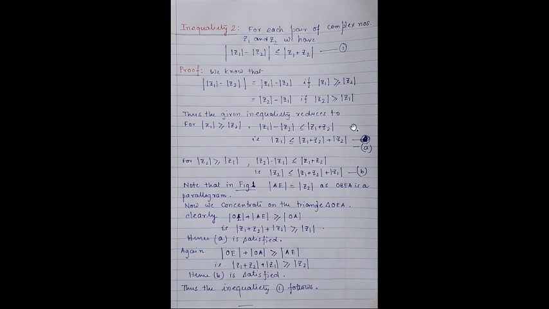Switch the side, and in this case it turns out to be mod Z2 is less than this plus Z1. Please remember them, and I'm going back to the picture once more. The three quantities we are dealing with are mod Z1, mod Z2, and mod of Z1 plus Z2.